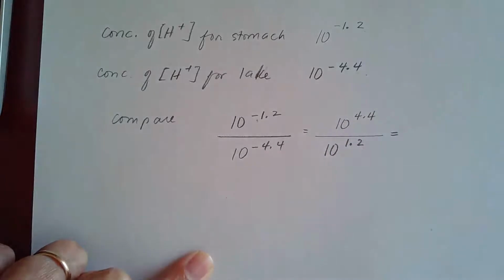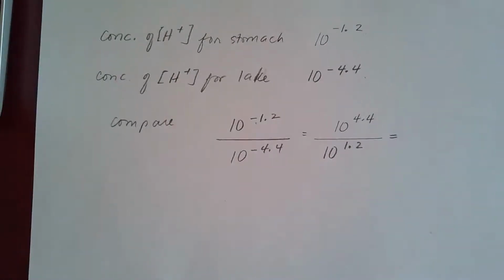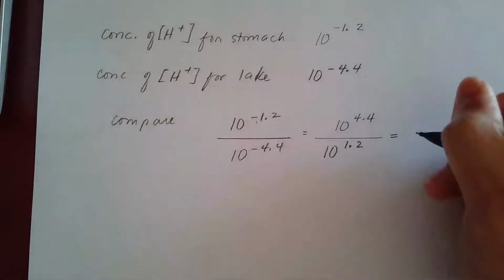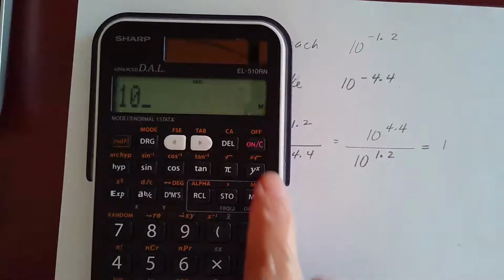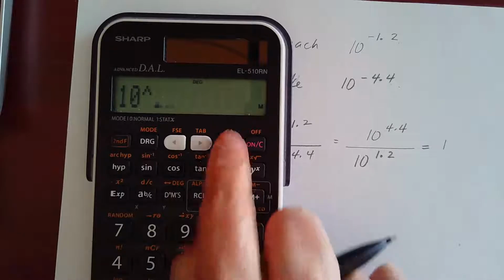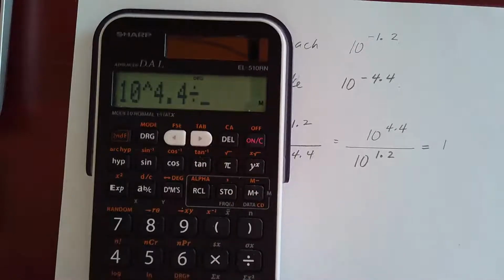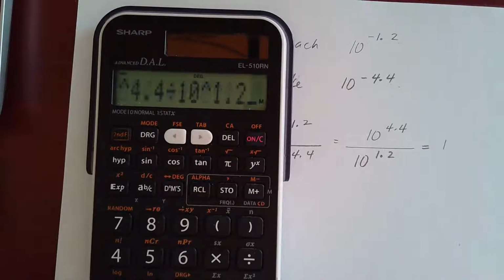And this is actually what we were doing yesterday. I did a shortcut yesterday, not using the pH calculation, but we come to the same answer of 10 to the exponent 4.4 divided by 10 to the exponent 1.2.